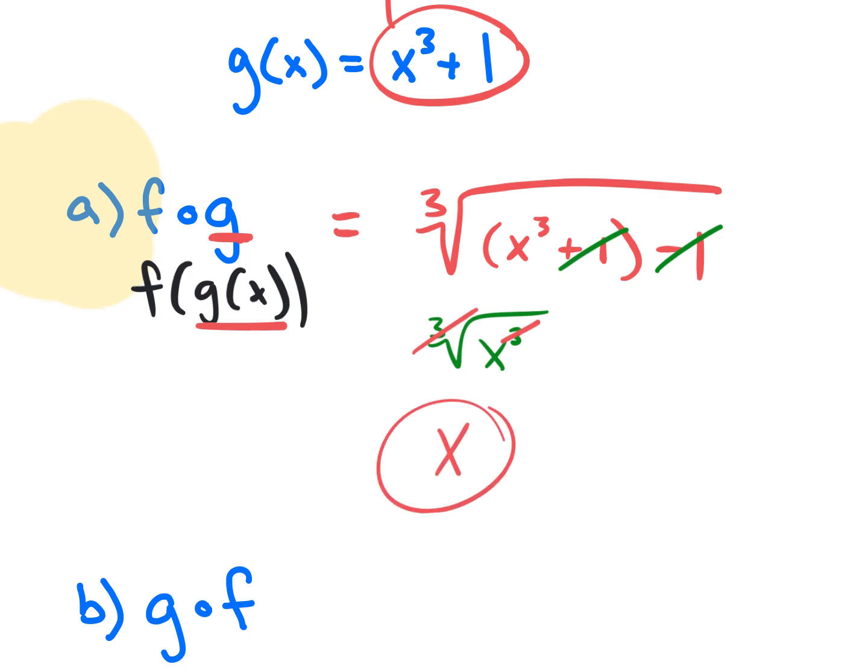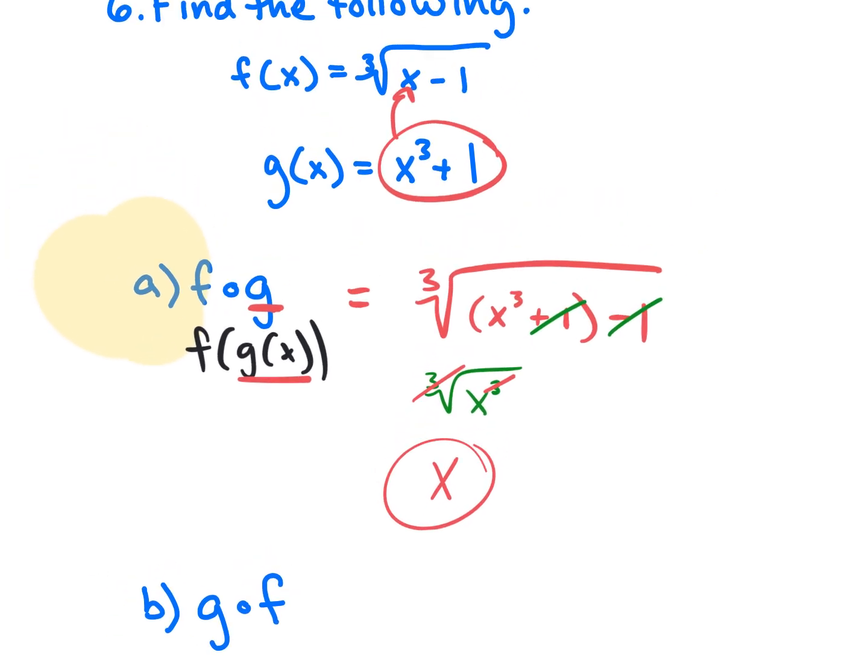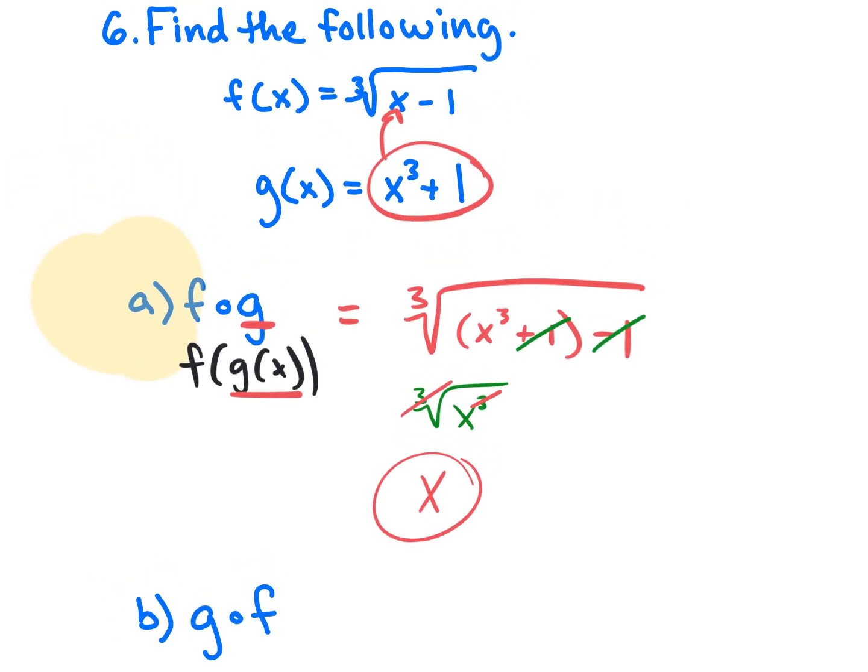X. So again, when you are finding your combination functions or composition functions, always simplify as much as you can. Make sure you're doing the correct steps algebraically to simplify, but simplify as much as you can.